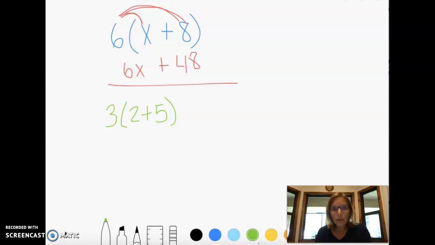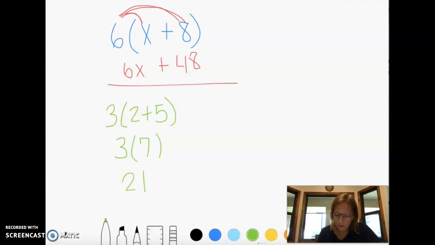Both ways you're going to get the same answer. Let me show you. 2 plus 5, if I'm following order of operations, parentheses first, 2 plus 5 is 7. Bring down the 3. Remember, when two numbers are written next to each other, that means multiply. So I'm going to multiply 3 times 7, which is 21.